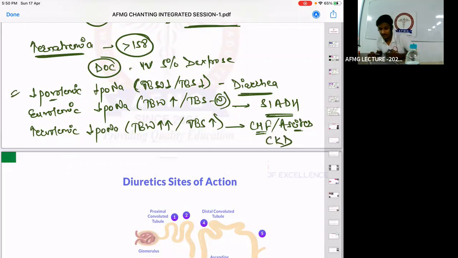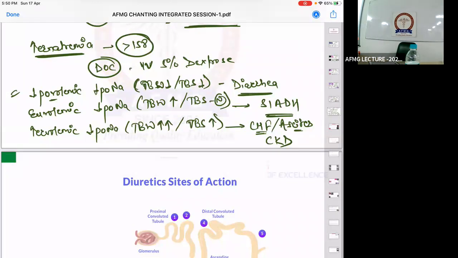Okay, so quickly once more: if total body water and total body salt are both decreased, it is called hypovolemic hyponatremia. The cause is diarrhea or cerebral salt wasting syndrome. Next, if total body water is increased but total body salt is normal, it is called euvolemic hyponatremia, and the cause is SIADH, syndrome of inappropriate ADH secretion.